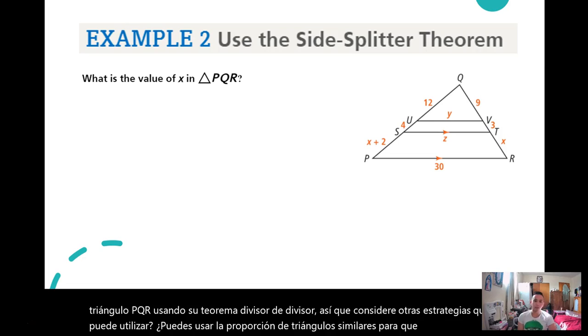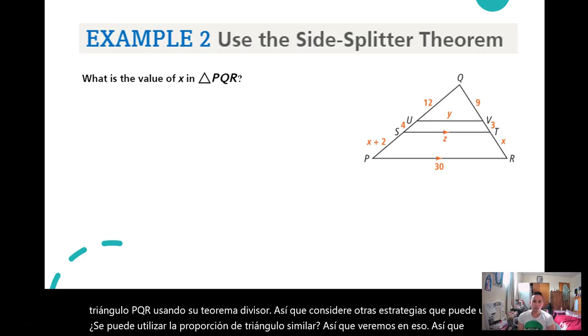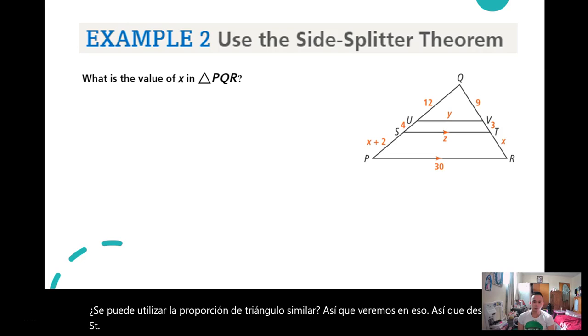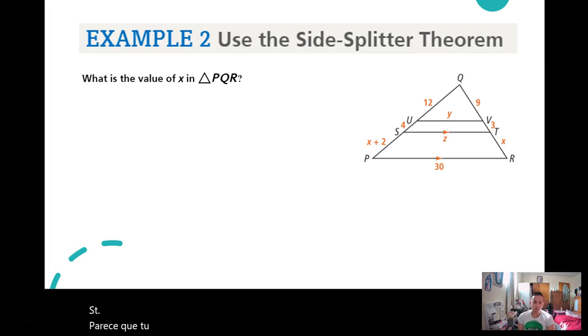Since ST is parallel to PR, then PS over SQ is equal to RT over TQ.